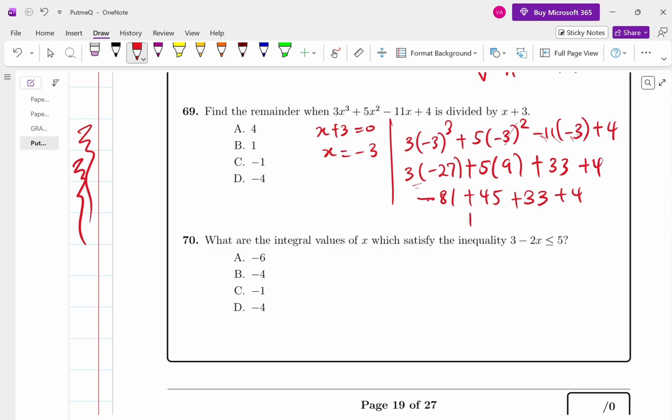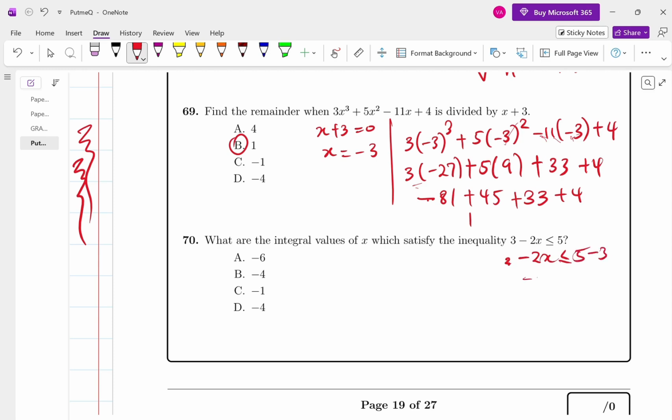Okay, so that's B. What are the integral values of x which satisfy the inequality? So let's move 3 to the other side. So we're going to have minus 2x is less than or equal to 5 minus 3.